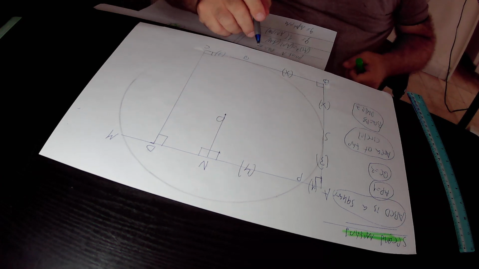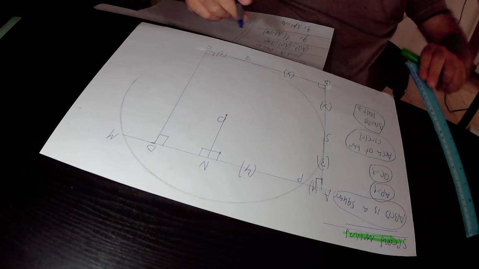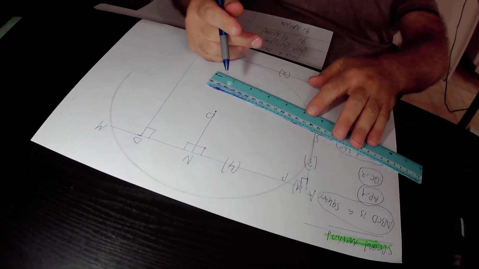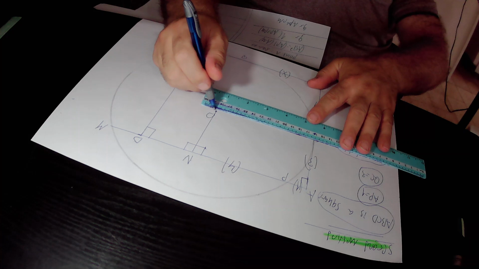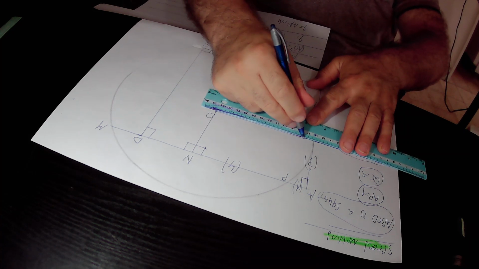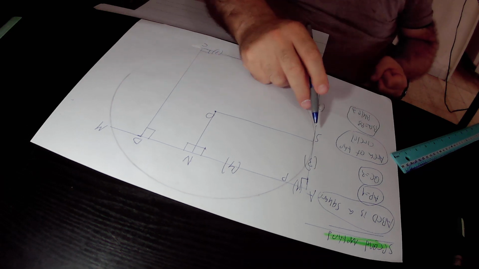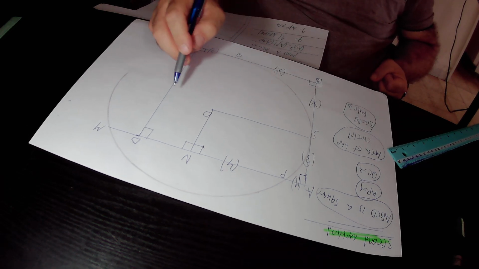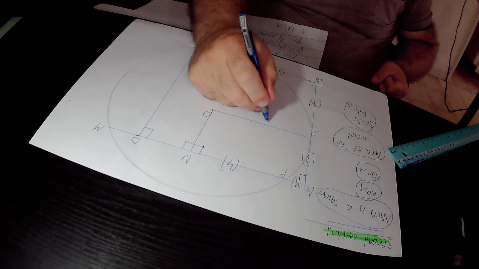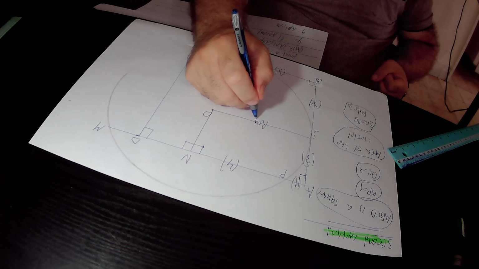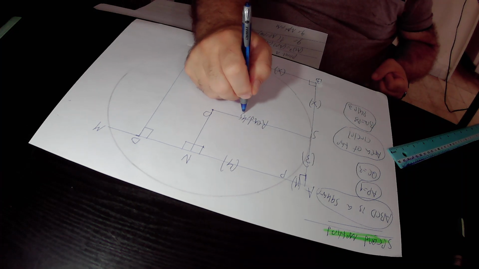In the next step, we will join points O and S together by a straight line. Point O is the center of the circle, point S is a point on the circle itself, therefore OS is the radius of this circle. So I write it down, OS is the radius of this circle.